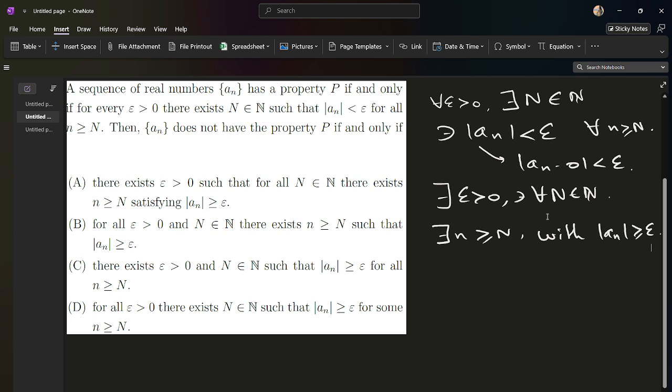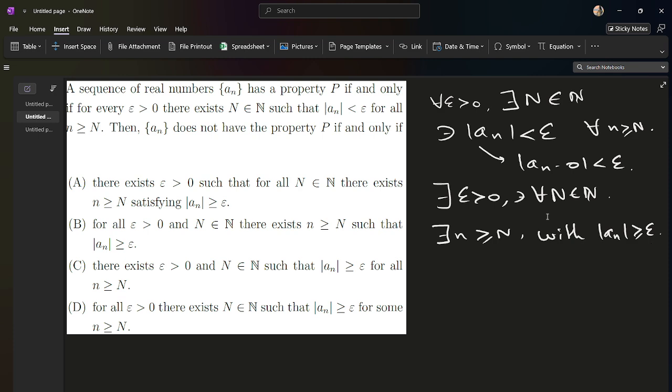This means there exists some fixed epsilon greater than 0 for which the sequence does not eventually stay below epsilon. That is, for every choice of N, there is always some n greater than or equal to N with mod of a_n greater than or equal to epsilon.